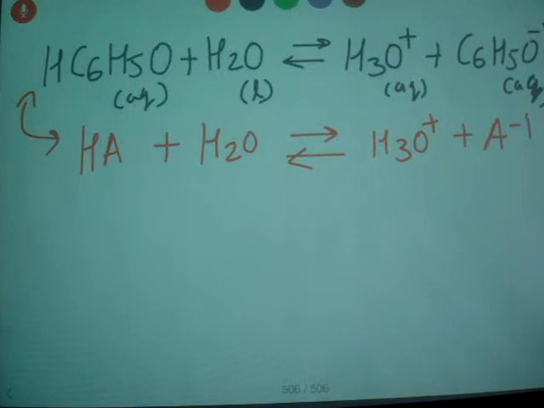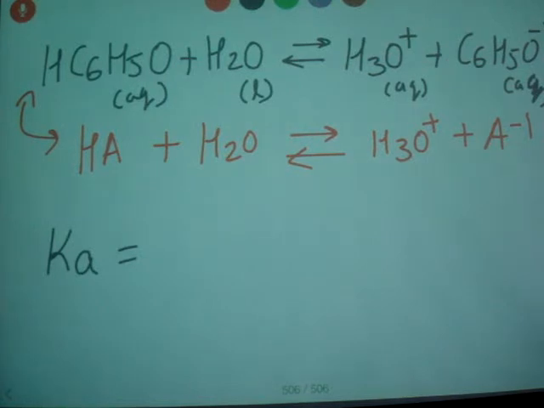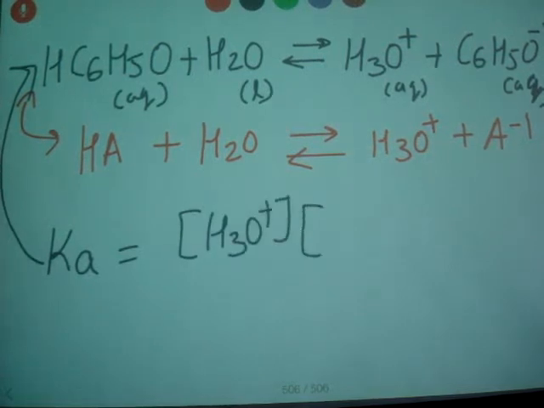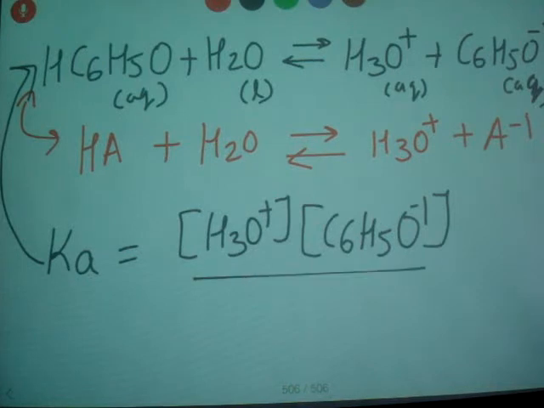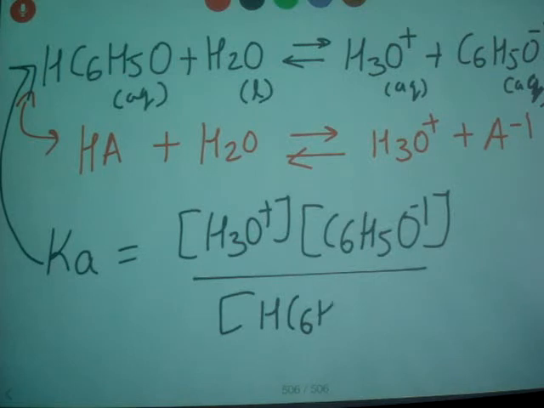Now when you write Ka, the acid ionization constant, for this reaction, we know that the product concentrations of H3O plus ion and C6H5O minus 1 are divided by HC6H5O.